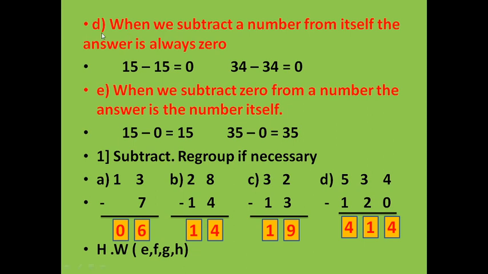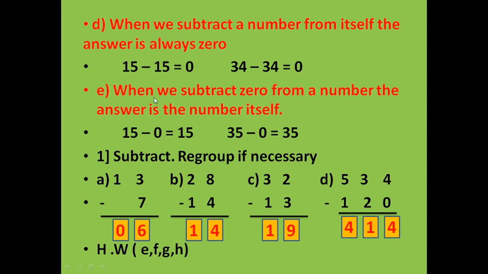Now, we also use subtraction when we subtract a number from itself. When we subtract a number from itself, the answer is always 0. You should know this point by heart. If I subtract any number from itself, the answer is 0. For example, 15 minus 15 is 0, 34 minus 34 is 0, 100 minus 100 is 0.